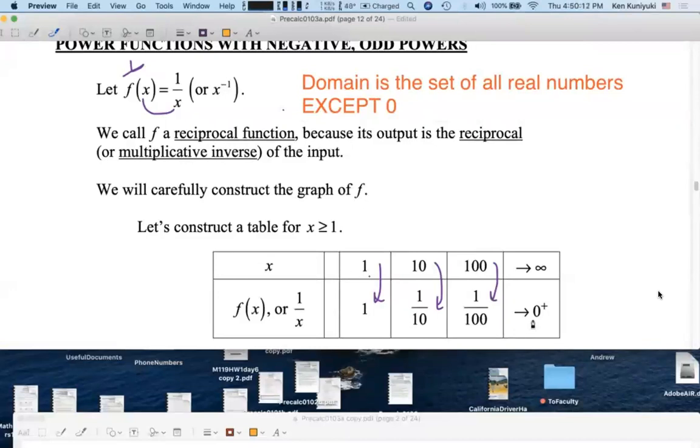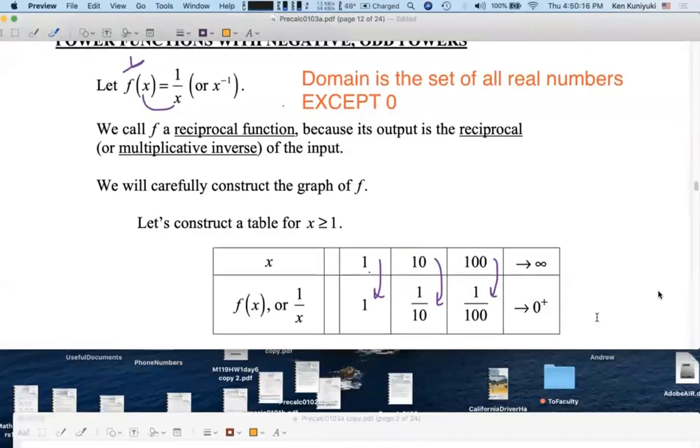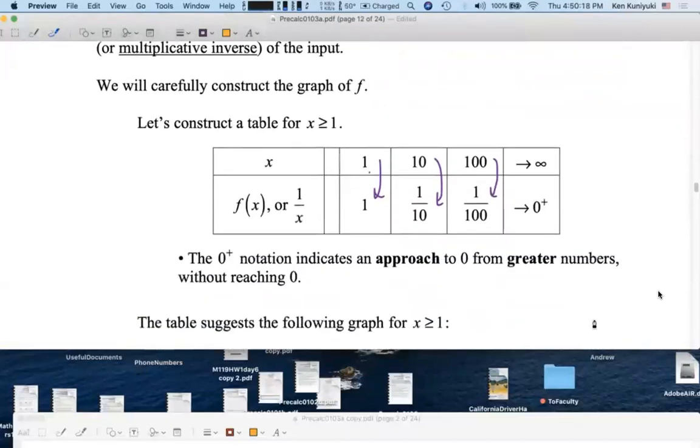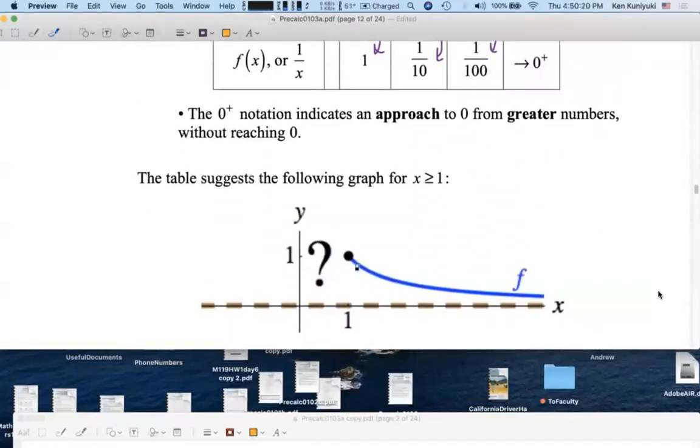They seem to be approaching 0 from above. That's why I have 0 plus here. So based on this point plotting, you might guess that this is a piece of the graph where the point 1, 1 is on the graph, and as x approaches infinity, the y-coordinates, the function values, approach 0 from above.